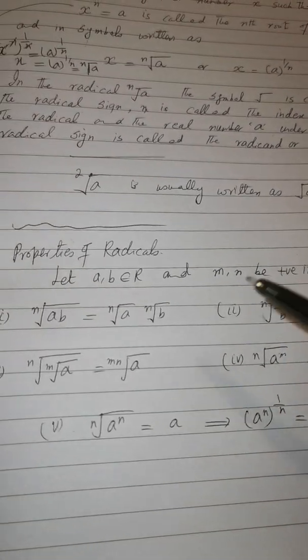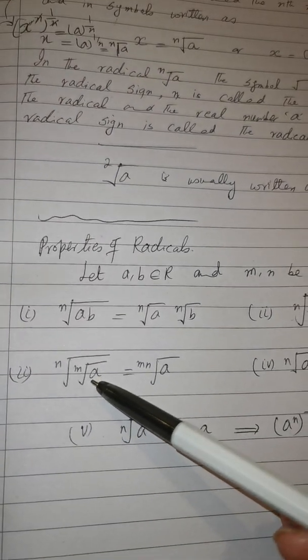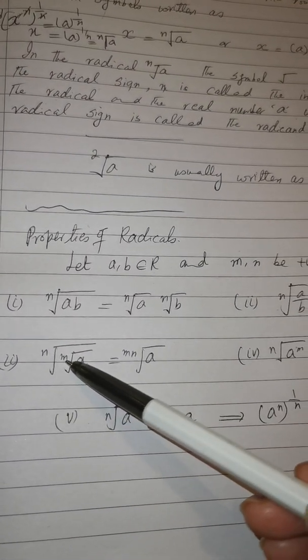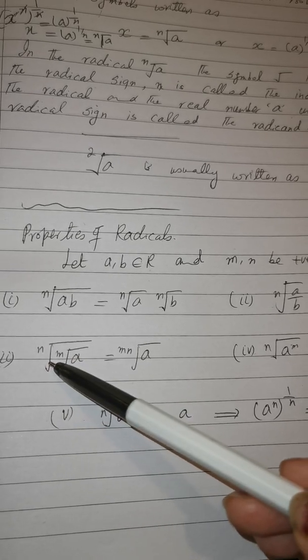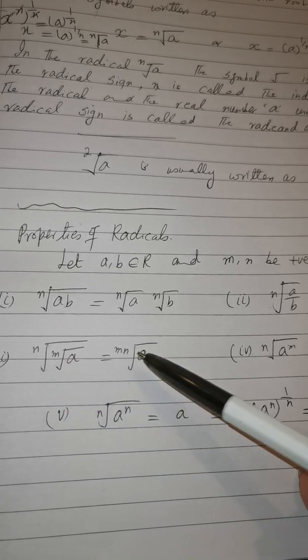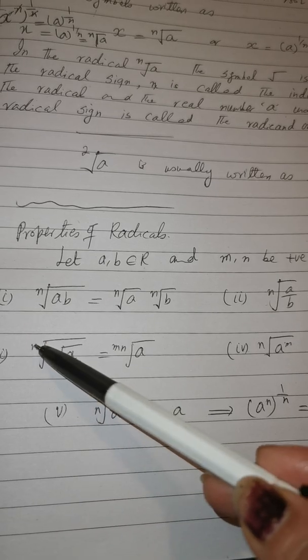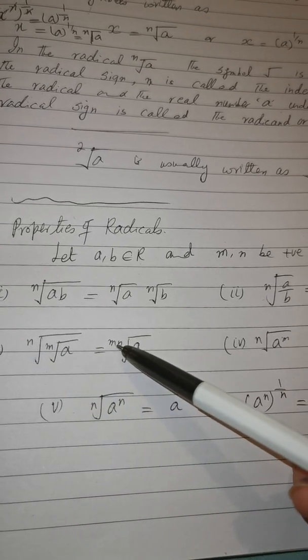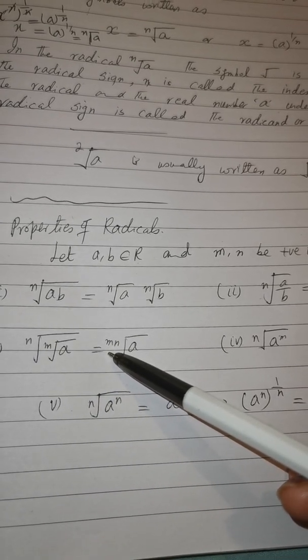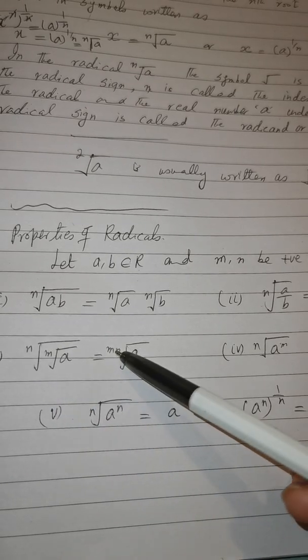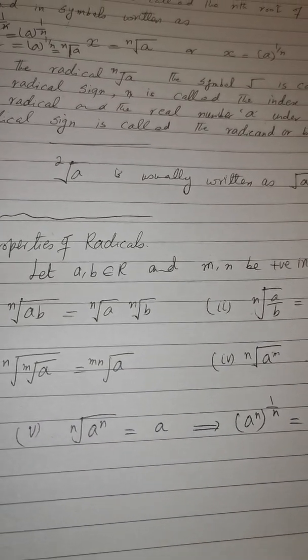Third property is that a under root m and then under root n implies that m and n multiply each other. You can write in place of this a under root mn.